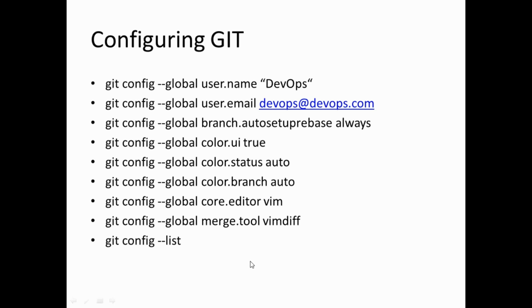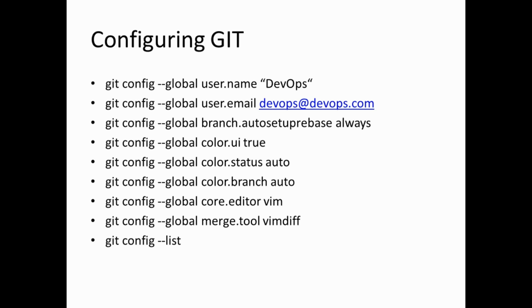Then enable merging. What is merging again? When different people commit, or whenever you clone your repository, change it and recommit to the repository, at that time we need a tool which can get the difference and check in only the different or edited code, new code, to the repository.